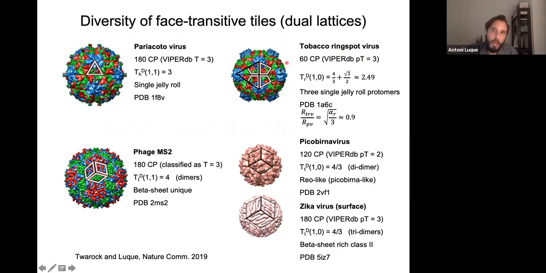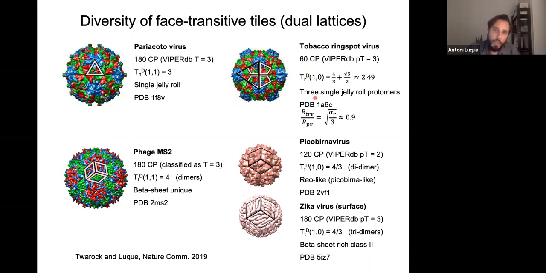Now, when you look closely at how this virus is formed, you have these kites that we had mentioned earlier. And it's because you have these 3 domains of the protein that are actually copies of the single jelly roll. So you have 3 single jelly rolls embedded in a single chemical protein. And so in this case, it fits well on the rhombic trihexagonal dual, which is exactly this lattice that we were discussing.